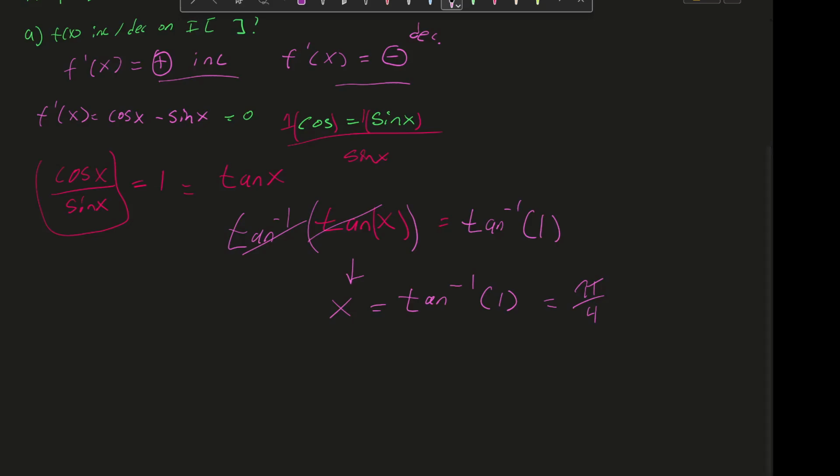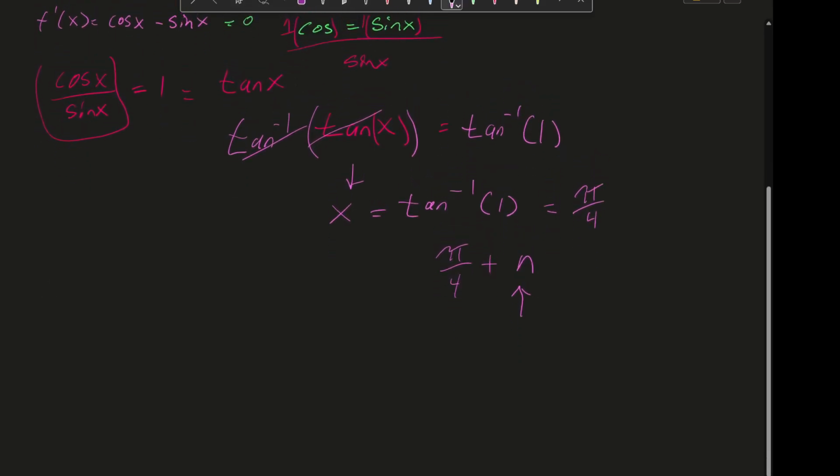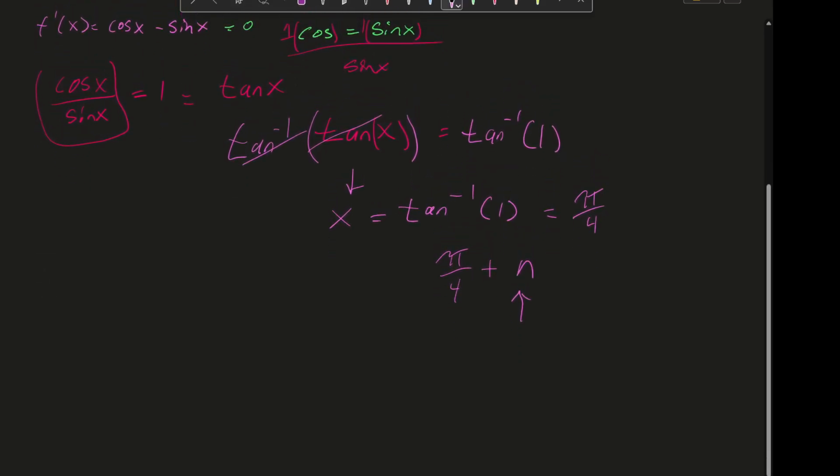But then since the unit circle reflects, here your interval is only 0 to 2 pi, but it would be pi over 4 plus n, where n is any integer multiplied by pi.